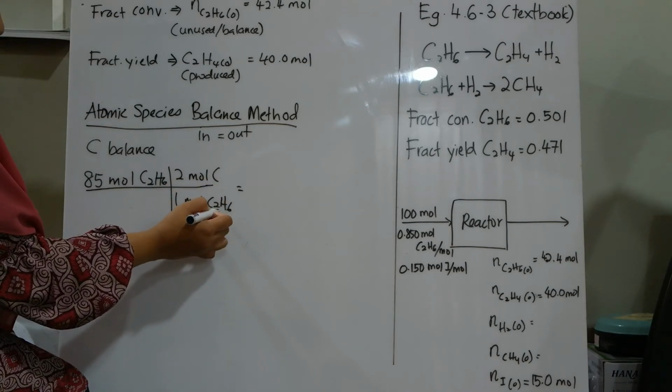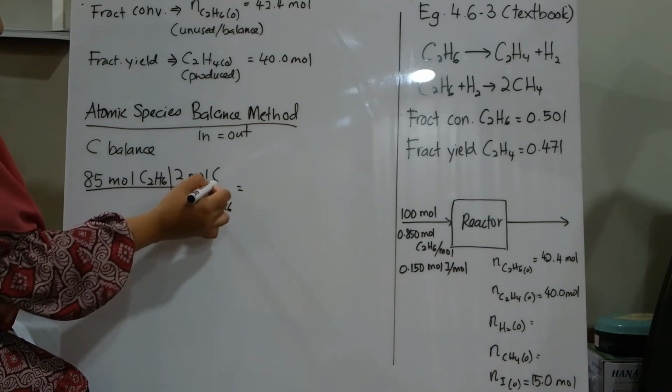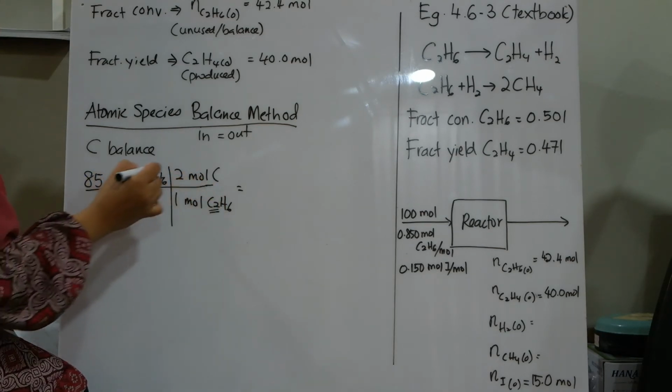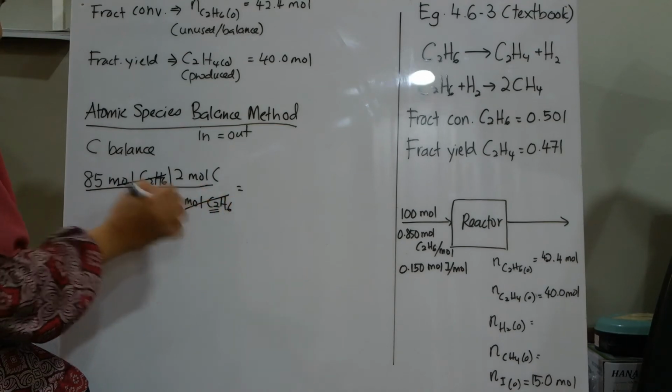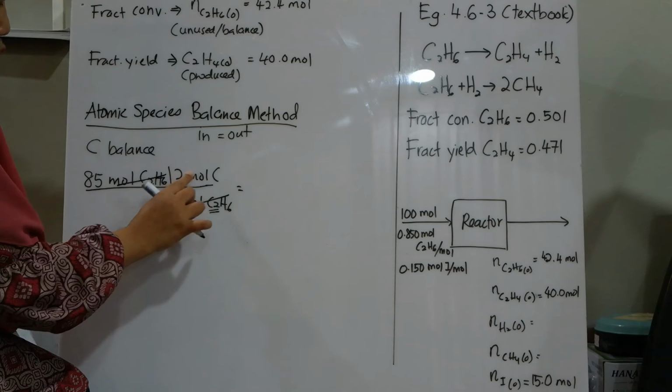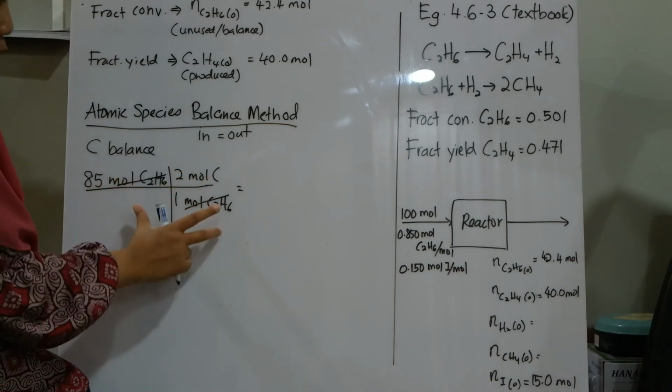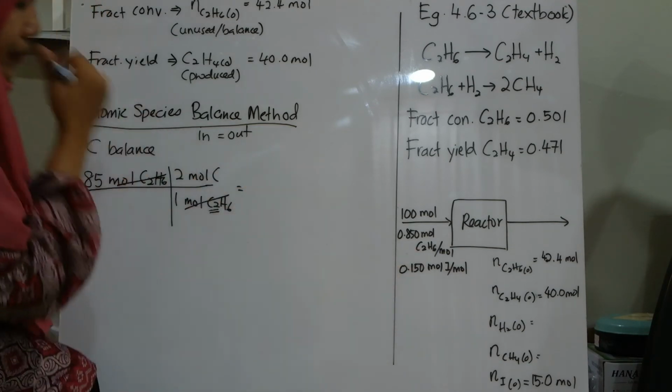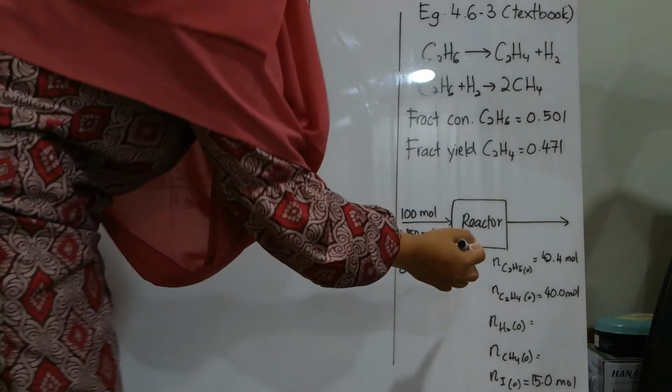In 1 mole of C2H6, we have 2 mole of C. So we have 85 times 2 mole of C equals, what are the compounds that contain C in our product line?